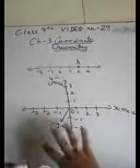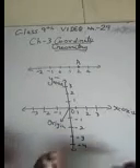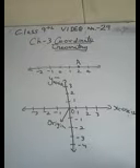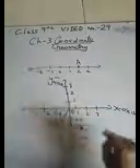Now if you draw such lines, you will see that this surface is divided into 4 parts: first part, second part, third part and fourth part. These parts are called quadrants.